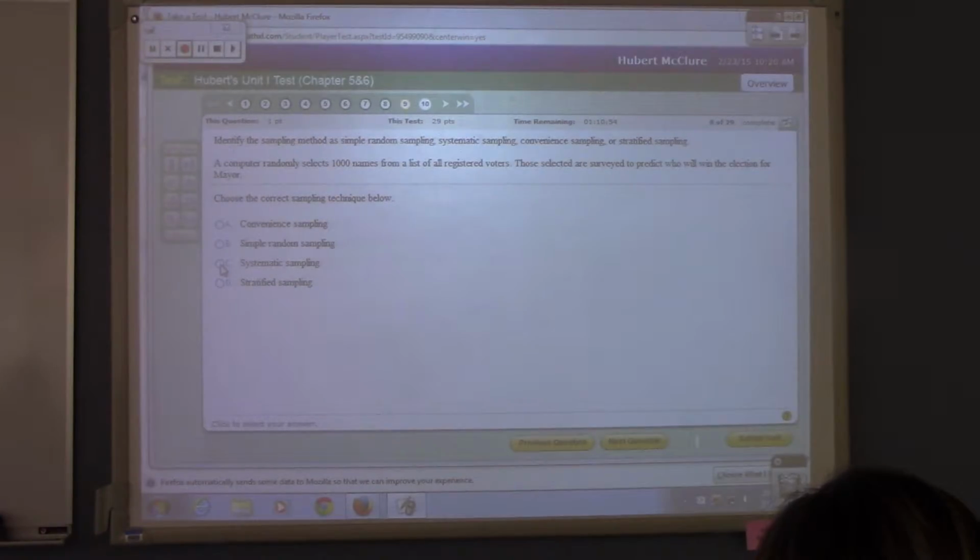Every fifth person, every sixth person? It's not a random sample. Why? Because in a random sample, everybody has the same what? Now, you could say, well, everybody has the same chance because the computer, yeah, but it's picking not one name, but what? It's not convenience. Convenience would be hollering out the window or something like that. So what do you think it is? Stratified contains groups.